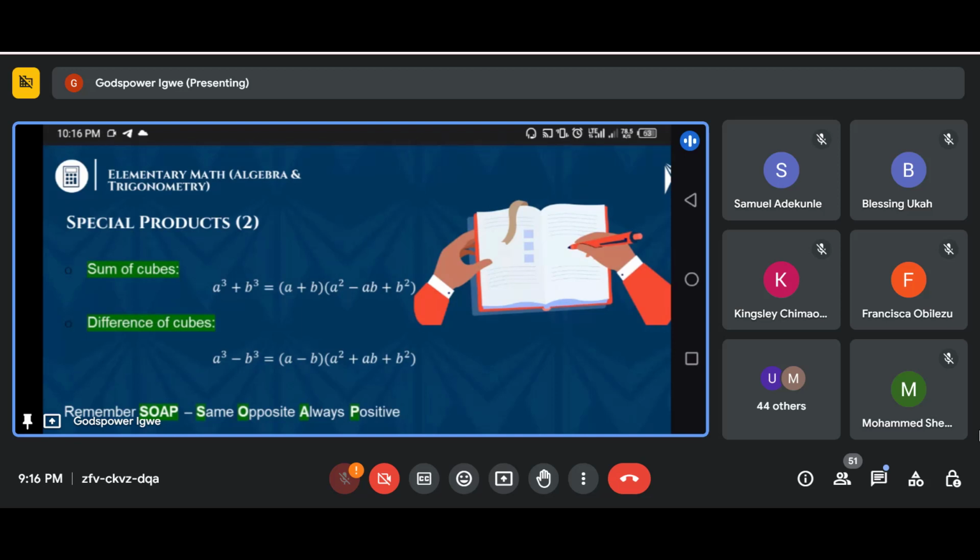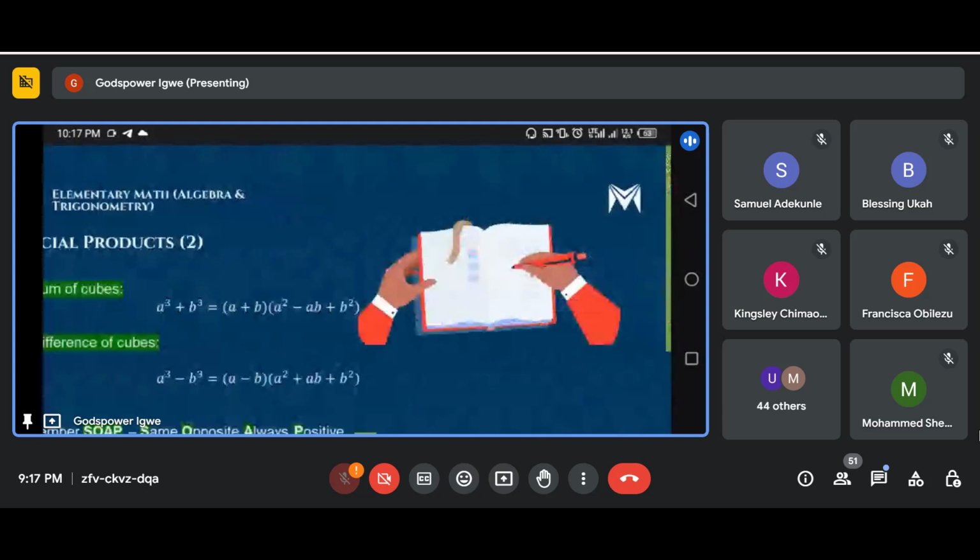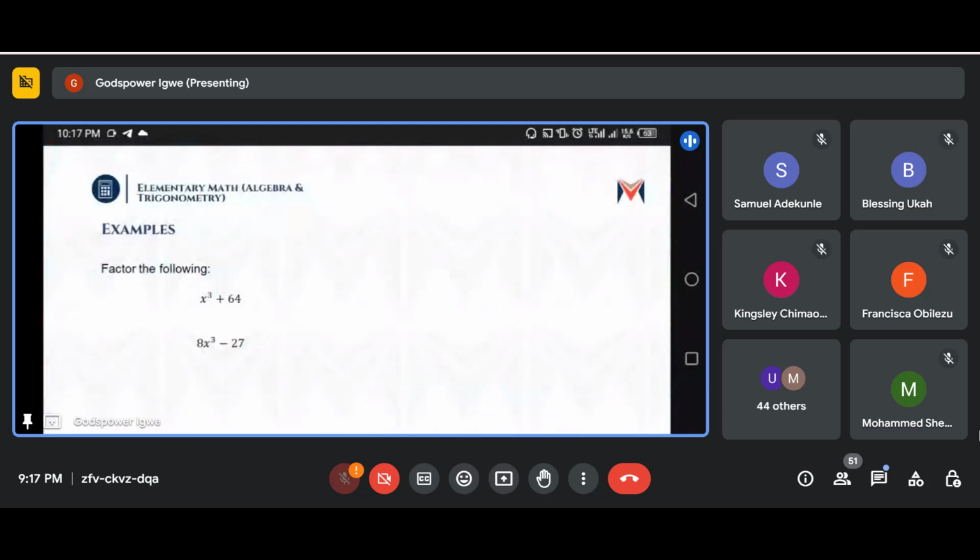Can you memorize this? If you can't memorize, simple, just do the normal factorization, so you're not memorizing something and then forgetting it. Just open the bracket normally and you get this answer. Simple as that.